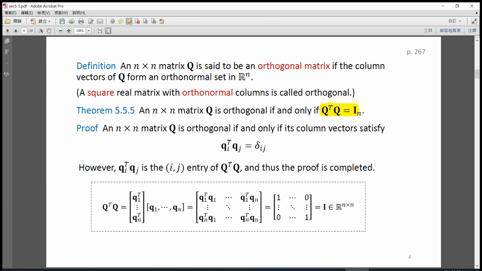That is, the row vectors of Q form an orthonormal set in R1 times n. And therefore, we have Q transpose Q equals QQ transpose equals the identity matrix. And hence, Q transpose is the inverse of Q. That is, Q transpose equals Q inverse.